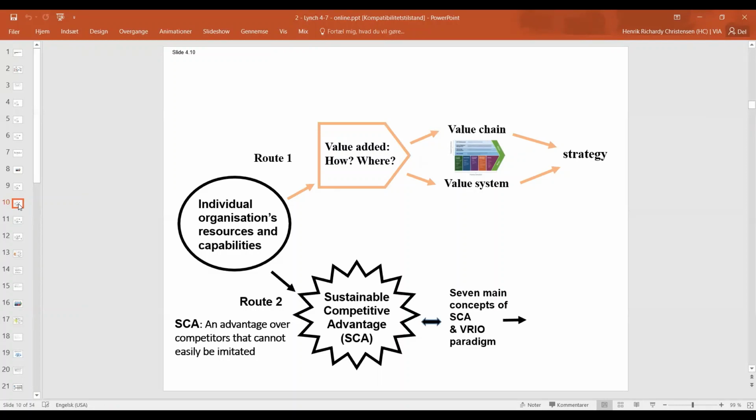Now, looking into our resources and trying to figure out if some of those resources can give us a competitive advantage, then we have these tools here. We have what we call 7 main concepts of sustainable competitive advantage, and we have a Barney VRIO paradigm. And we'll get back to what it is, but it's about investigating the resources and figuring out if they can be used to create a competitive advantage.